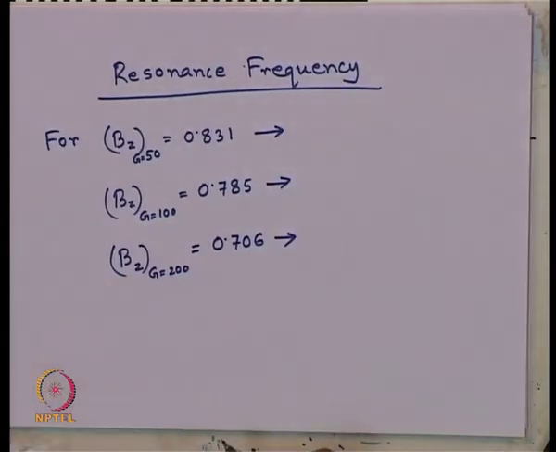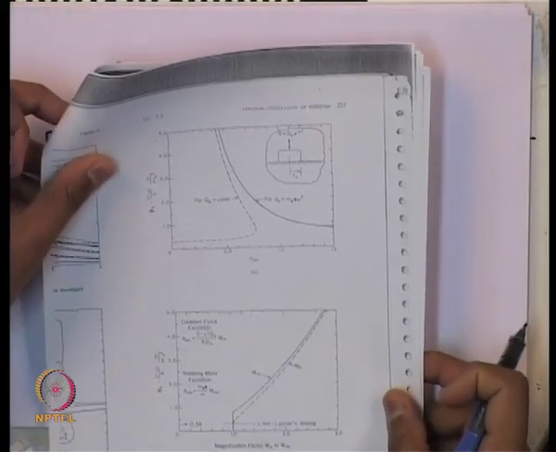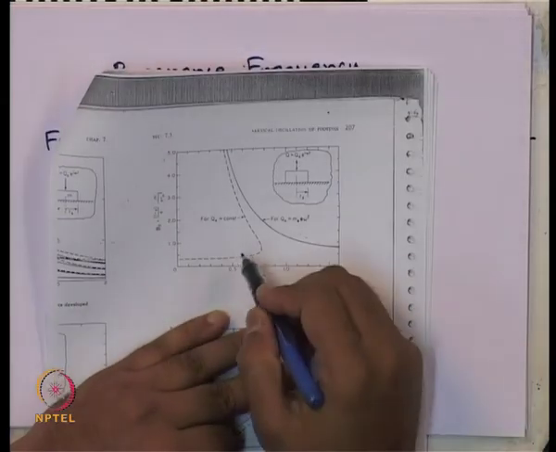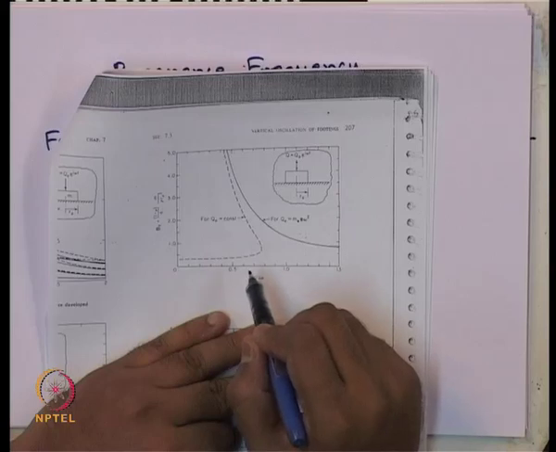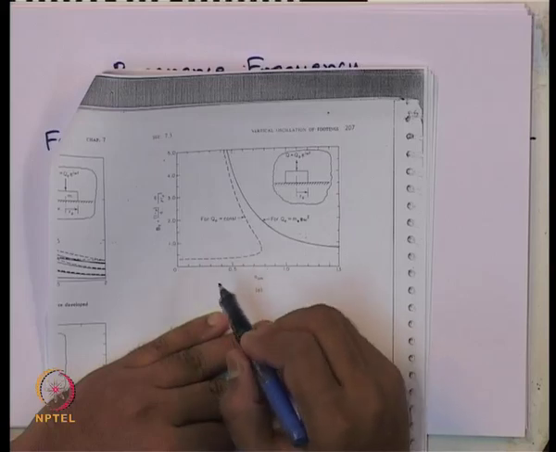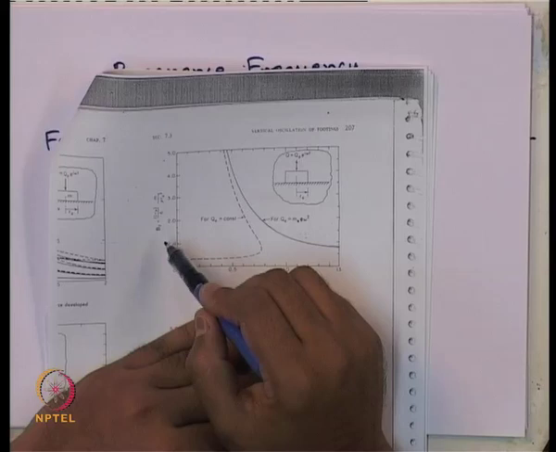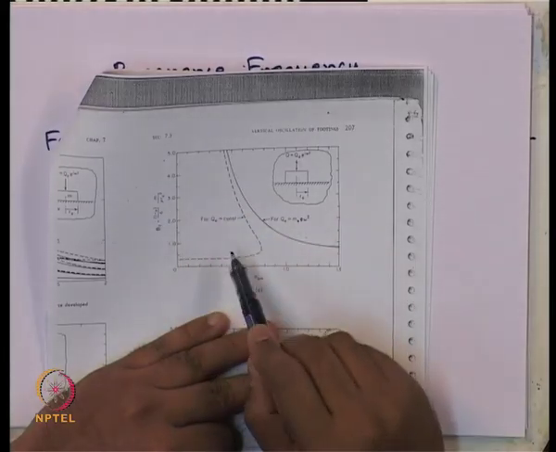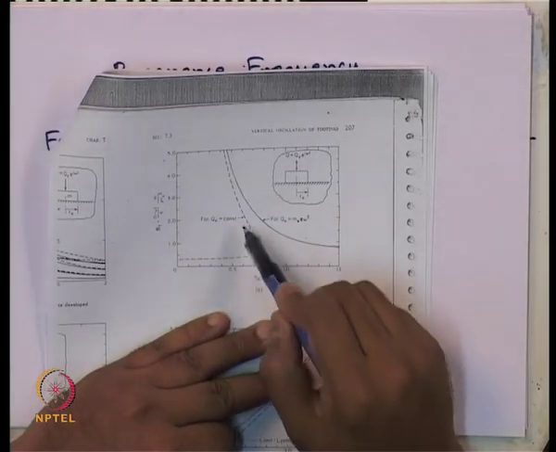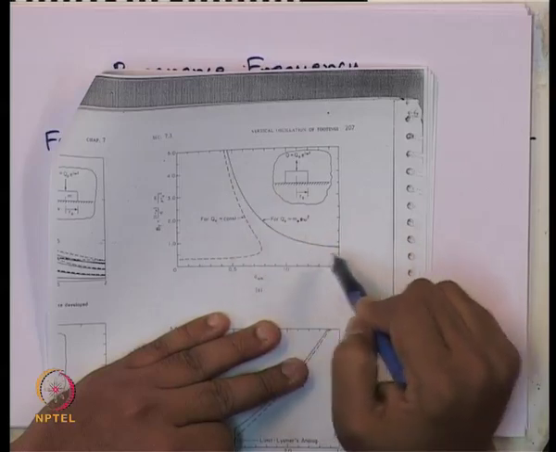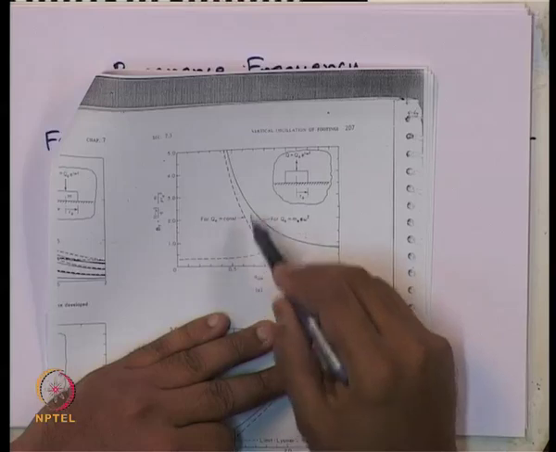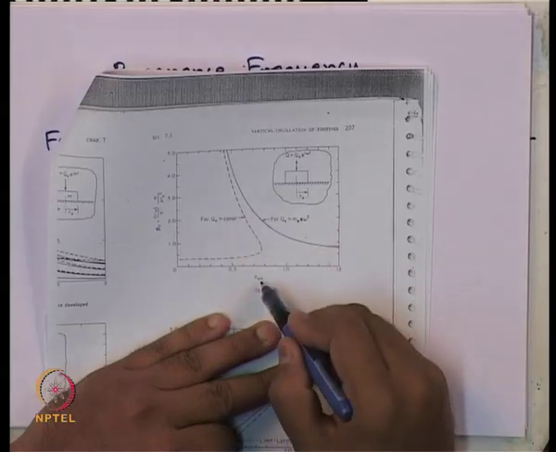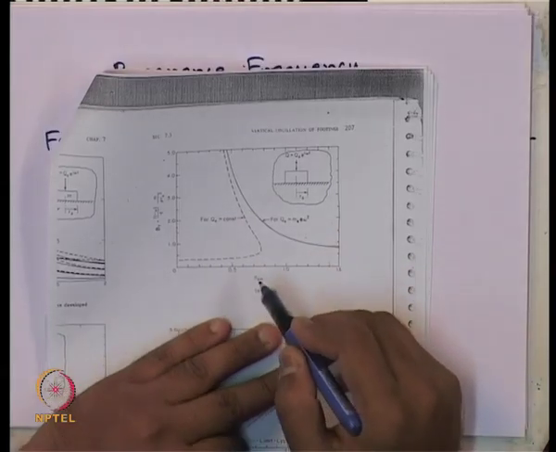The values of A naught m. Now, we should look into this design chart, which I had shown earlier in my previous lecture, that corresponding to BZ value, we have for constant force type excitation and for rotating mass type excitation different curves, dotted and solid, from which we can get this A naught m.